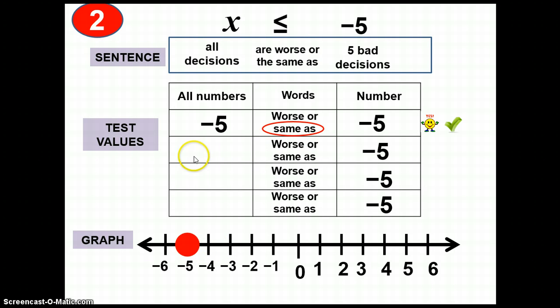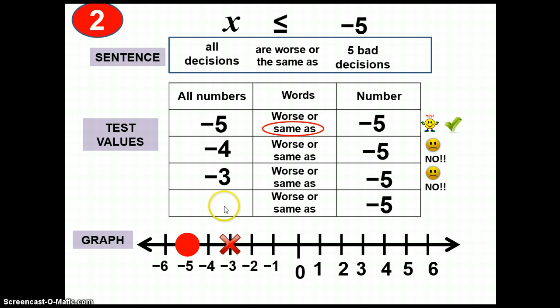Okay, what are some other numbers that are worse? What's worse than 5 bad decisions? Is 4 bad decisions worse or the same? No, so I'm not going to use that. How about 3? Is 3 worse than 5 bad decisions?